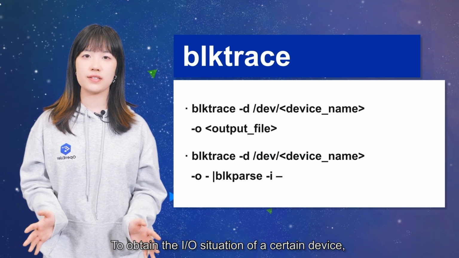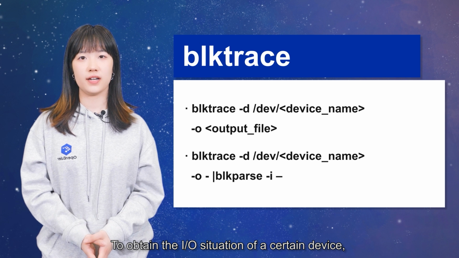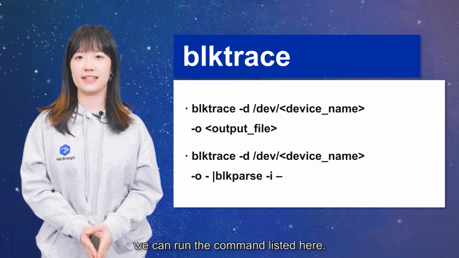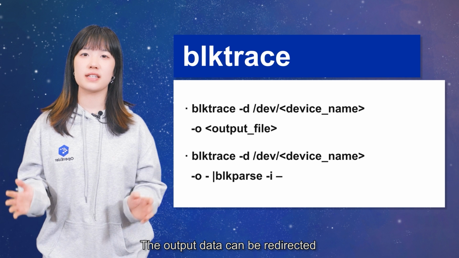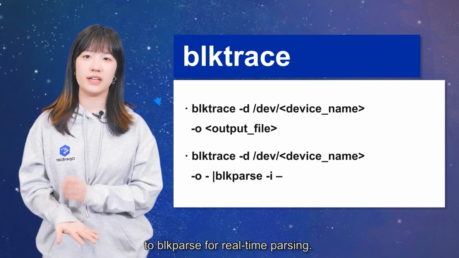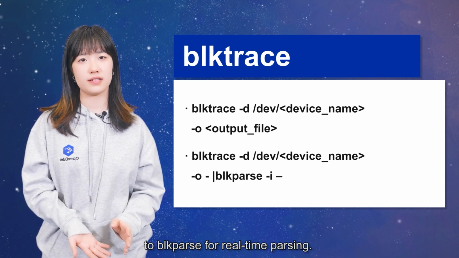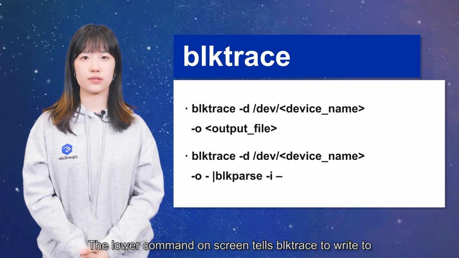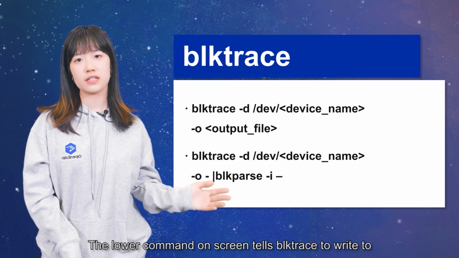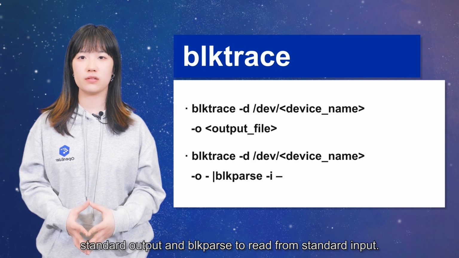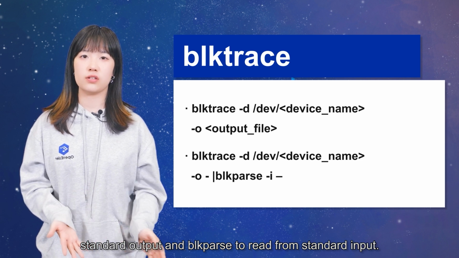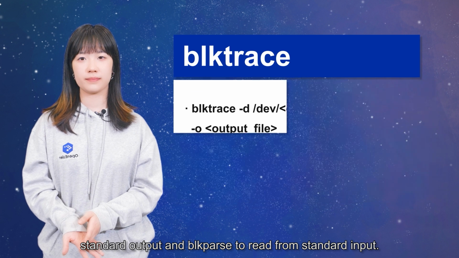To obtain the I/O saturation of a certain device, we can run the command listed here. The output data can be redirected to blkparse for real-time parsing. The lower command on the screen tells blktrace to write to standard output and blkparse to read from standard input.